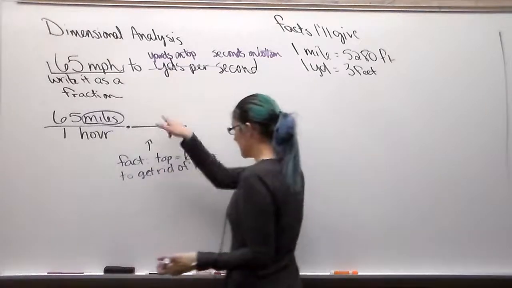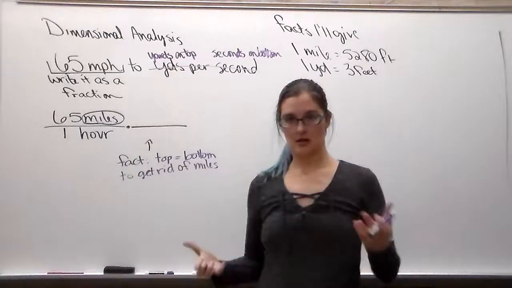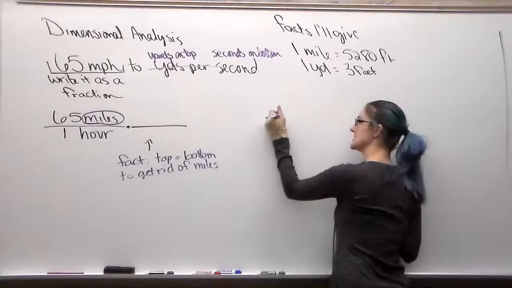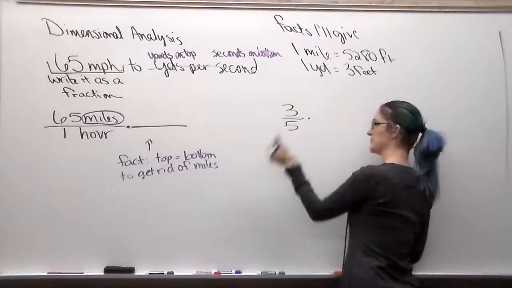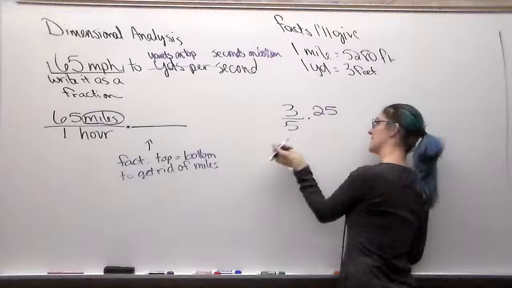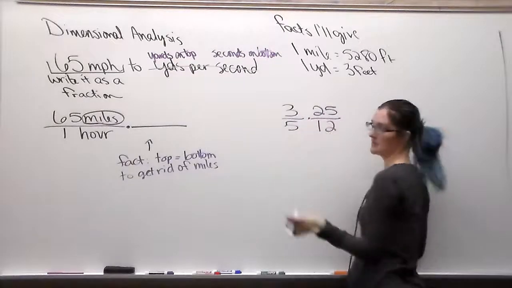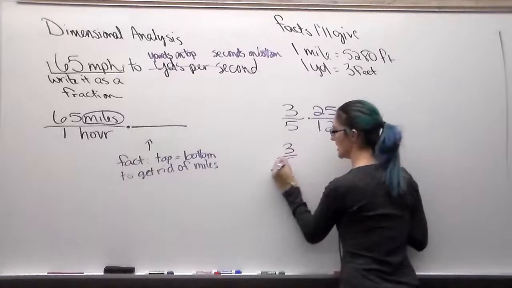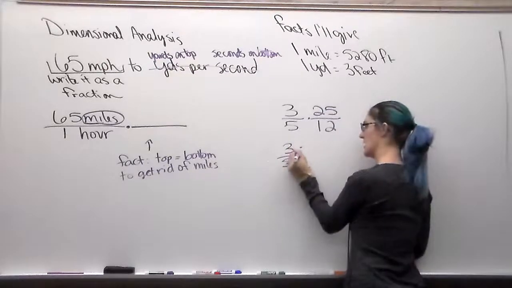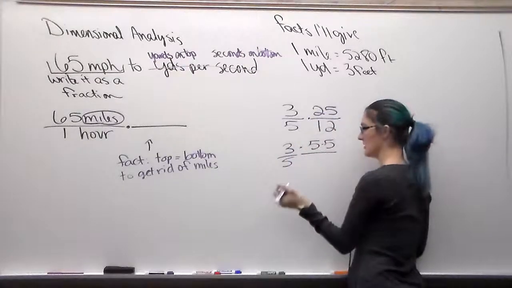So I want a fact that would get rid of it. So what we're doing is we're pretty much reducing. An example I give them during class is if we have 3/5 times 25 twelfths. And I say, okay, the way fractions work, we can do 3 divided by 5 times, instead of 25, I could do 5 times 5.